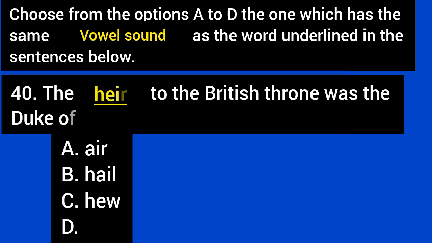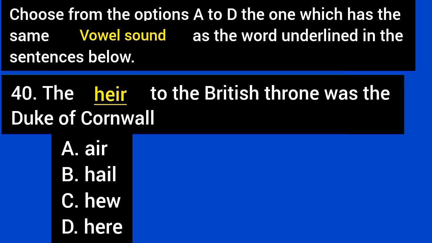Okay, let us move on to number 40, which is the last question. The question reads like this: the heir to the British throne was the Duke of Cornwall. The heir to the British throne was the Duke of Cornwall.